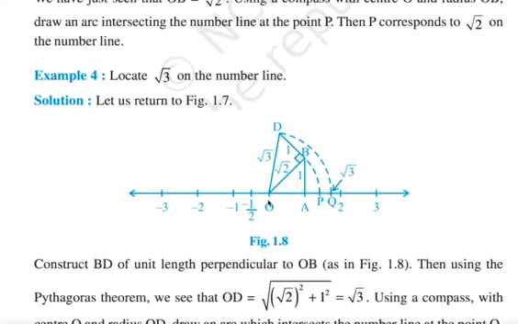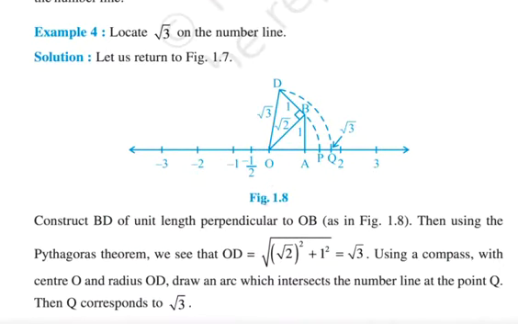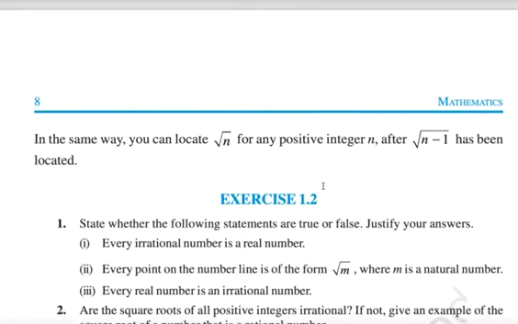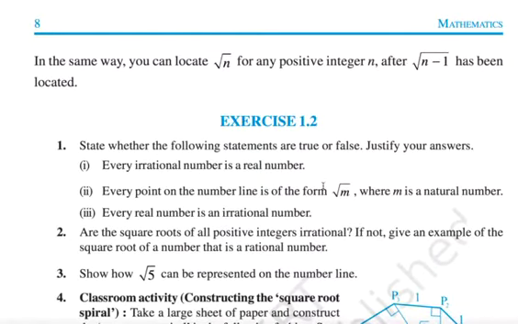So take a compass and measure this OD, and draw an arc which intersects the number line at Q. So OQ is now root 3. In this way, if you want to locate root n for any positive integer n, you can locate root n after root n minus 1 has been located.